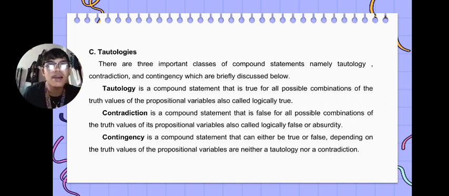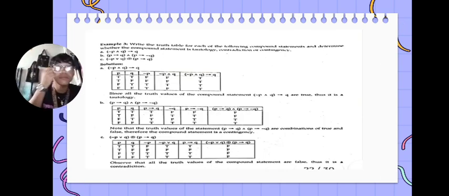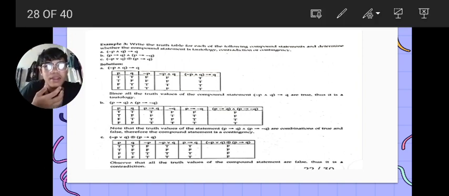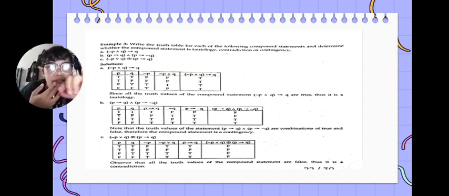And next is example 3. Let us solve example number 3. For negation of P or Q, if P is true and Q is true, then the negation is false.